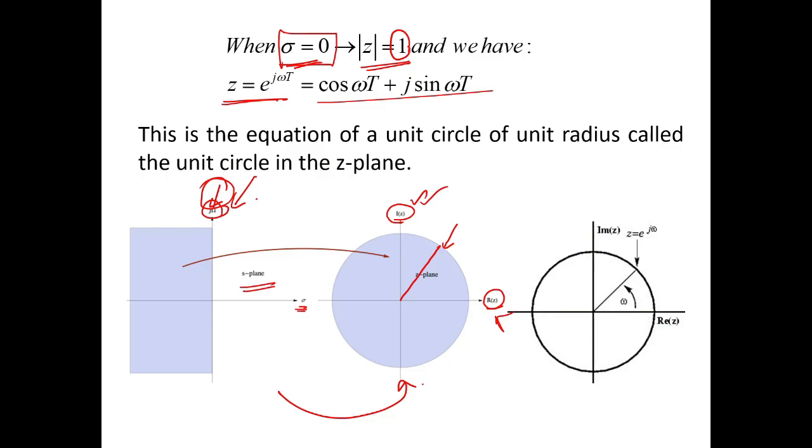The answer lies in the mapping itself. This straight line has been converted into a circle. So this circle is the frequency axis when the radius is equal to 1.